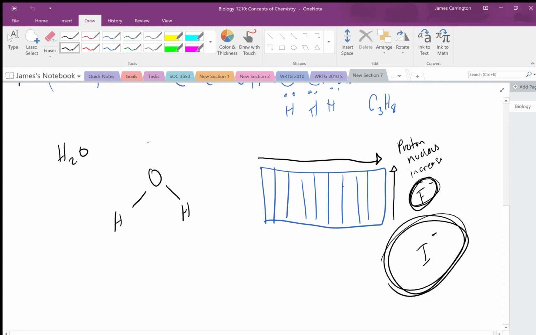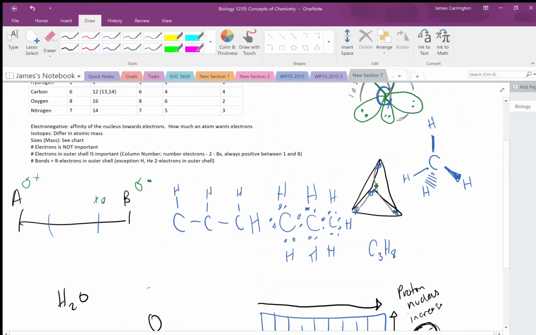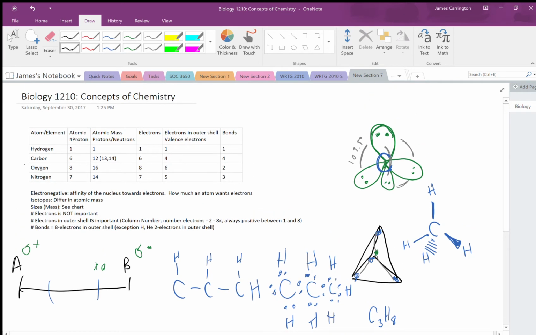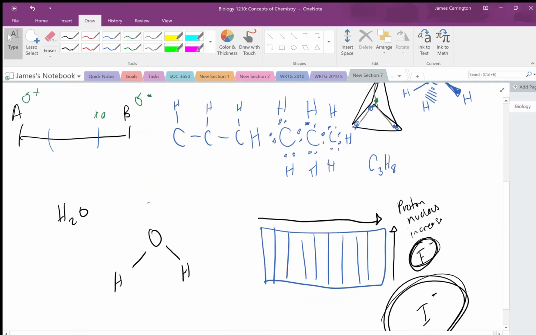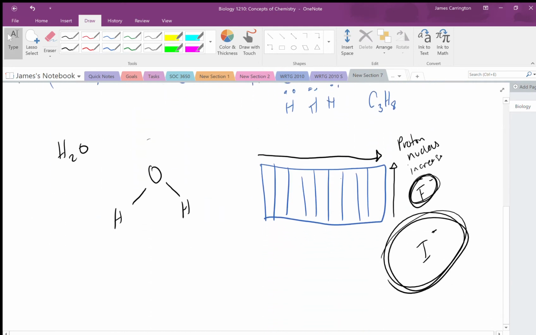And so diagonal is kind of impossible to compare this way. Can't really say. But if you're going to the right, you're increasing in electronegativity, and as you're going up, you're increasing in electronegativity. And so oxygen is probably the most important one you can remember. Oxygen and nitrogen and fluorine are some of the most electronegative atoms on the periodic table, and probably the only ones you'll ever see in biology.